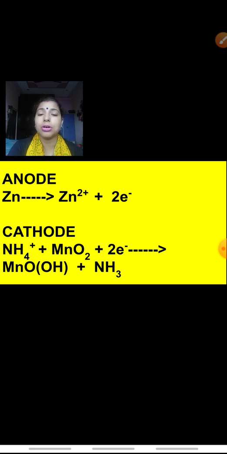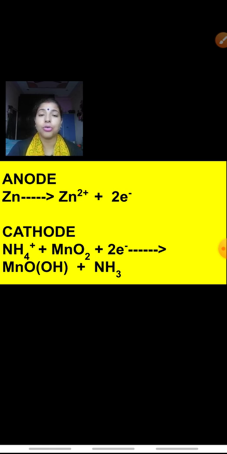Now at cathode, what is happening? NH4+, which was present inside the electrolyte, plus MnO2, manganese dioxide, also present in electrolyte, accept the 2 electrons and result in the formation of ammonia and MnOOH. Now this ammonia is not liberated in the form of a gas. Rather, it combines with the electrolyte and the cathode.